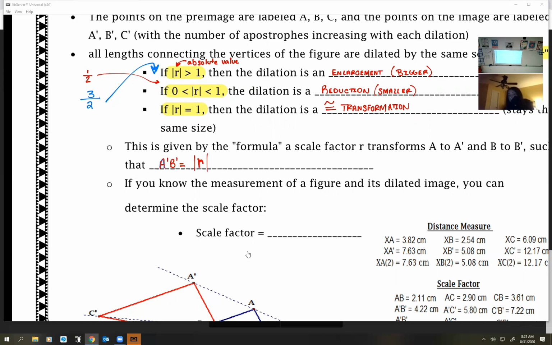The absolute value of our scale factor times our preimage. So our image is equal to the absolute value of our scale factor multiplied by each one of our preimage terms.